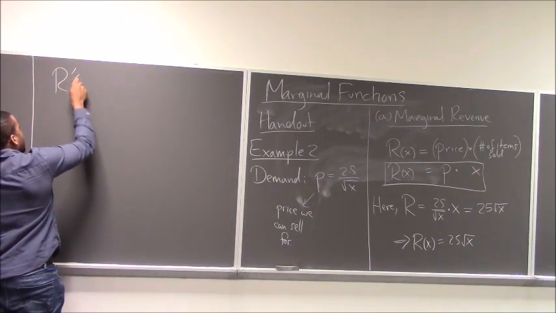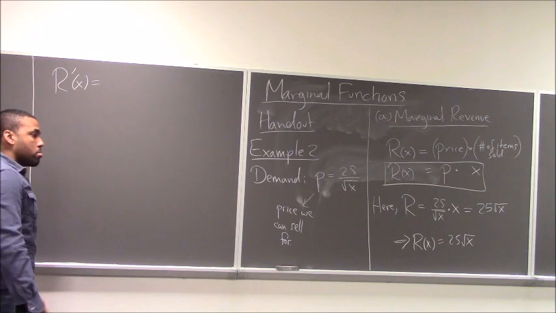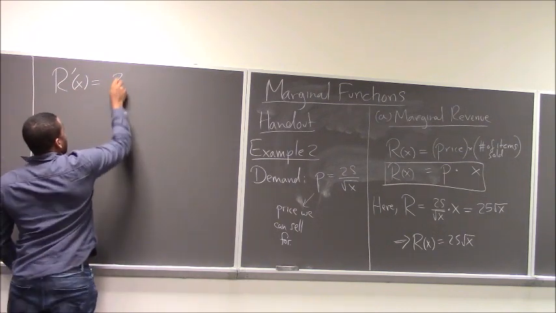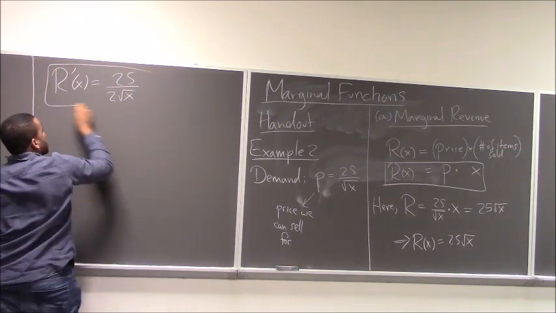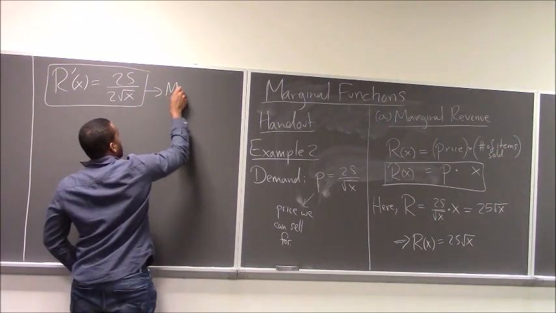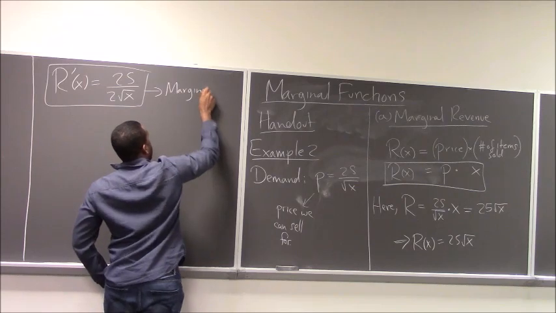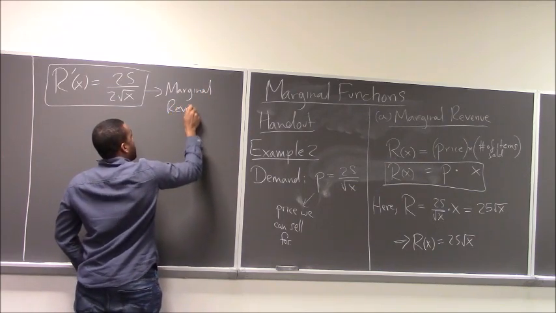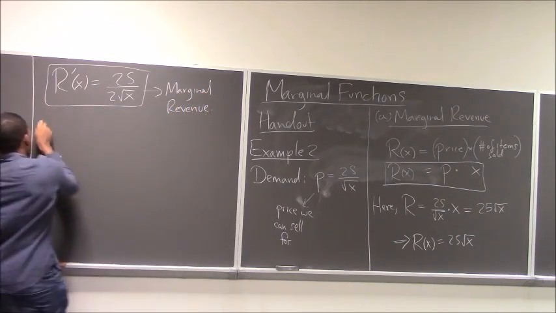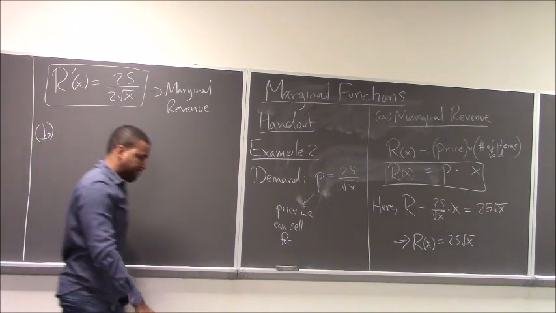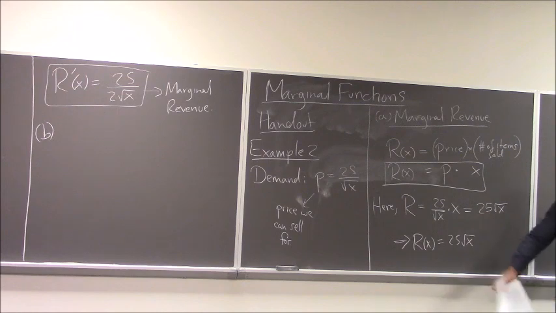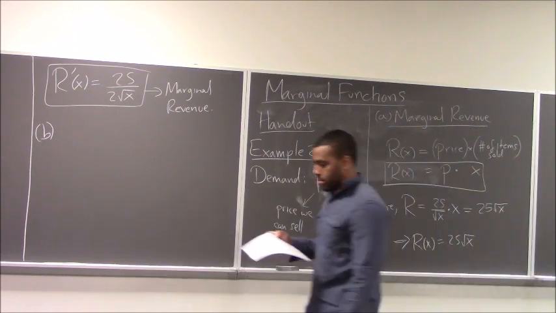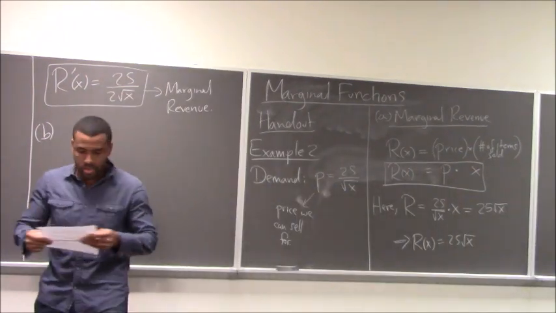So R prime of X is going to be the marginal function, which is going to be 25 over 2 radical X. So this is called the marginal revenue. Finding the marginal function is finding the derivative. It's just another name for derivative.